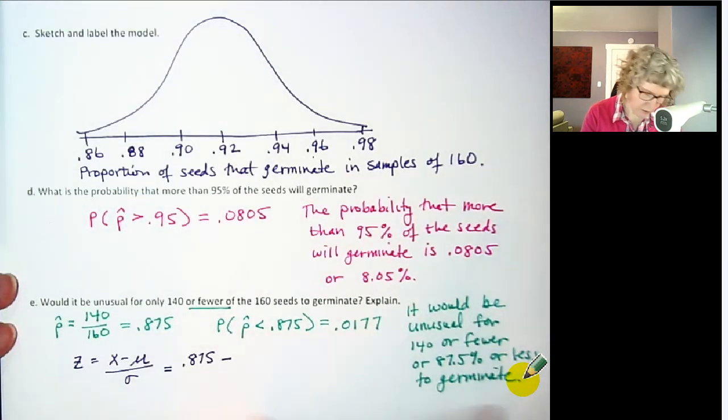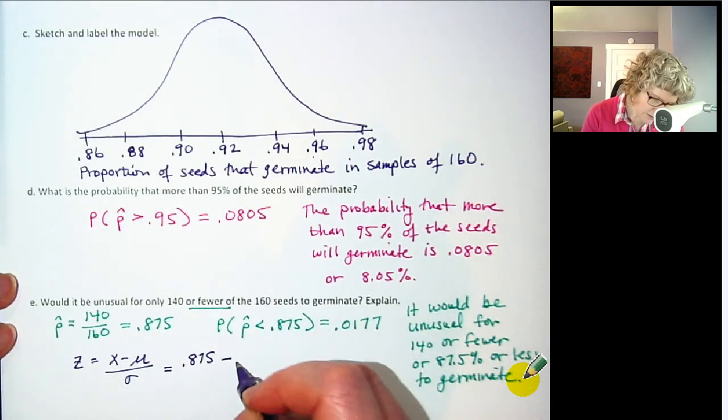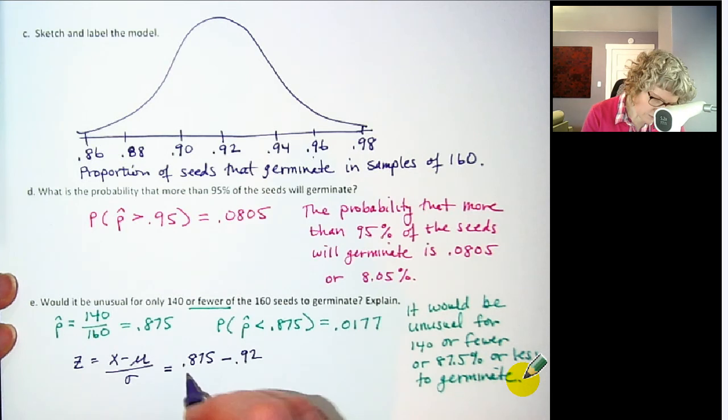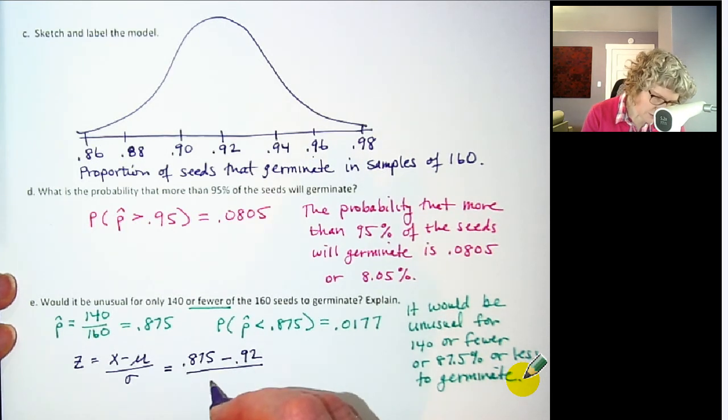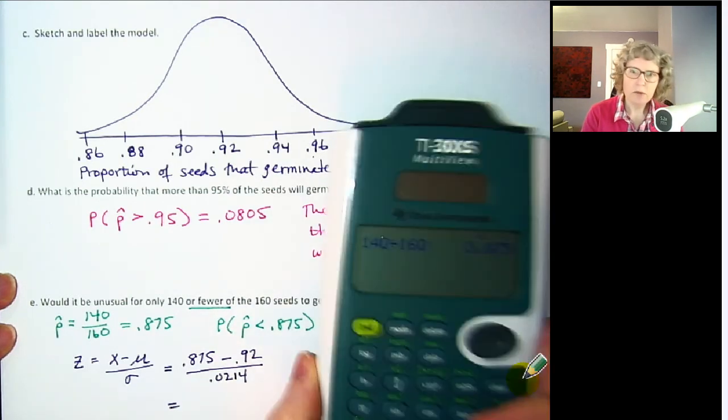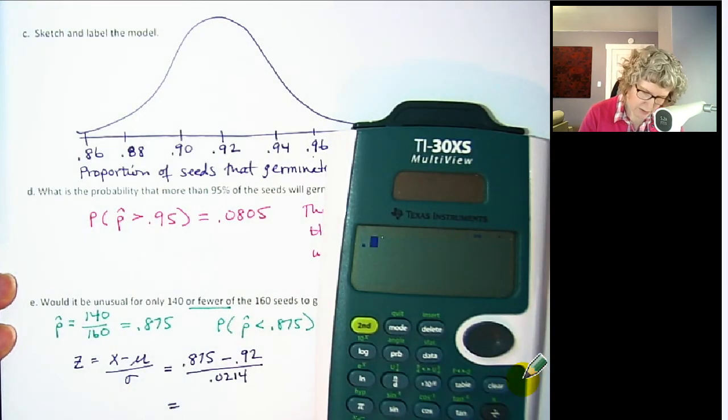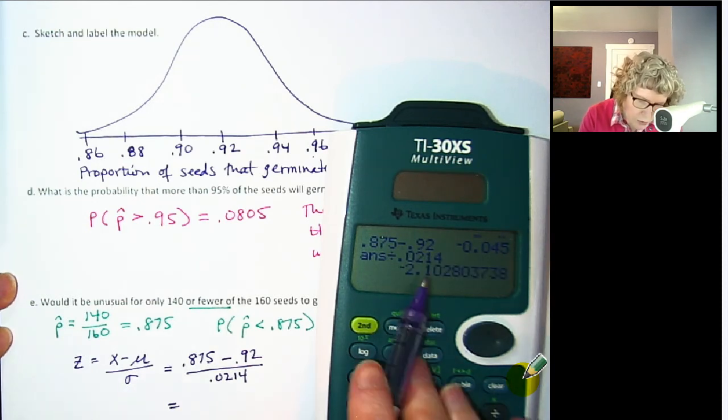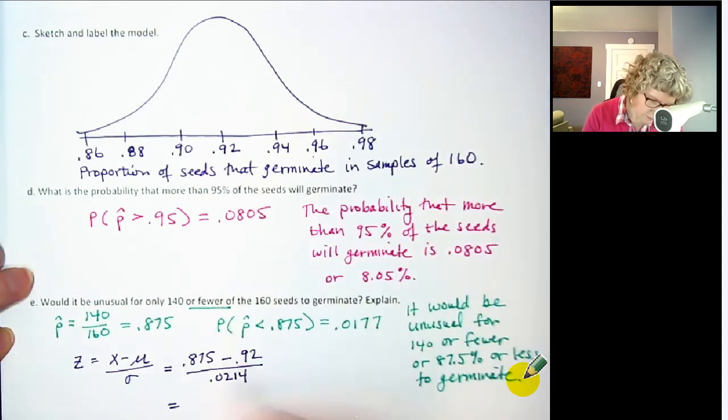And we kind of saw where it was on the graph. Let's see what that equals. 0.875 minus 0.92, enter. It should be negative because it's on the left side of the mean. Divided by 0.0214. Negative 2.10 standard deviations.